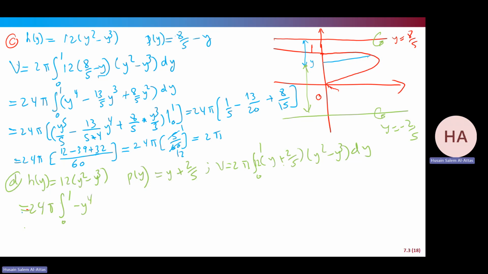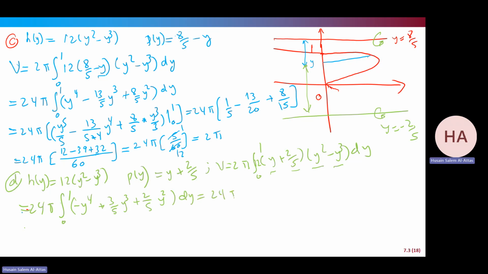Okay, I have y times y cubed, so that is y to the power 4. And 2 over 5 times minus y cubed gives me minus 2 over 5 y cubed. Okay, and then plus 2 over 5 y squared dy.